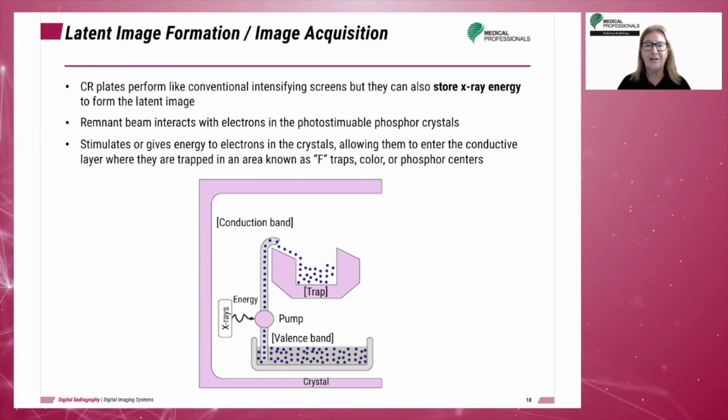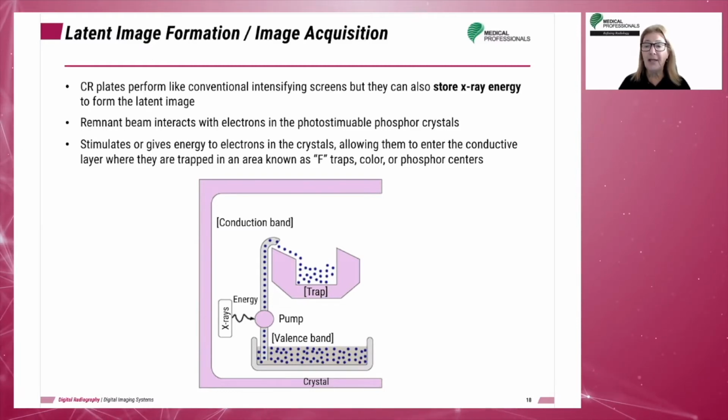X-ray photons that exit the patient following exposure hit the phosphor crystals, causing electrons to move from their normal orbital location to a higher energy level. Approximately 50% of these electrons become trapped in the conduction bond of the phosphor atom.